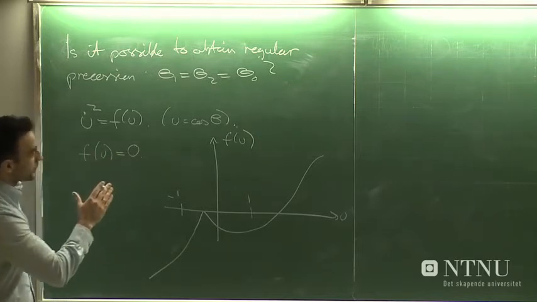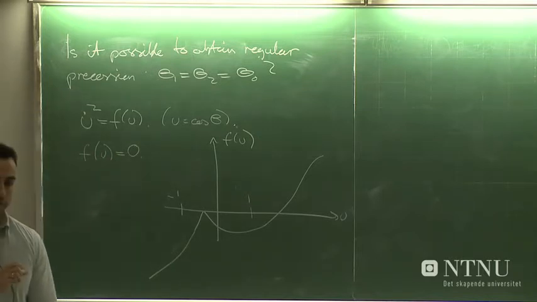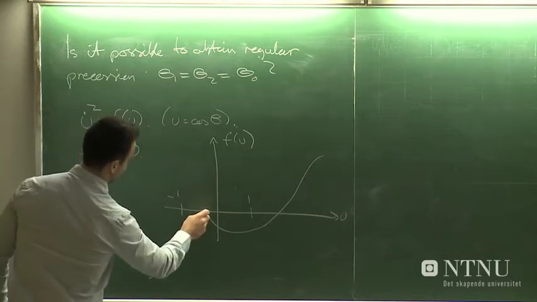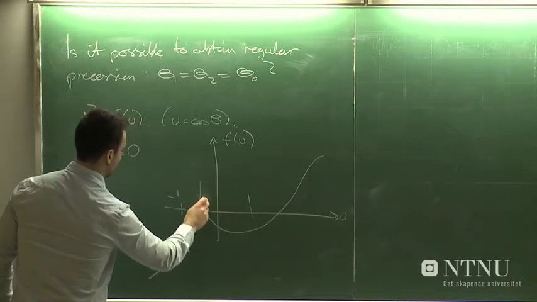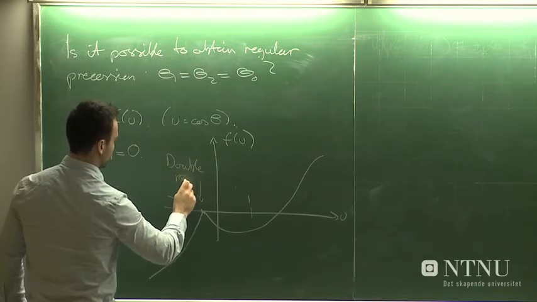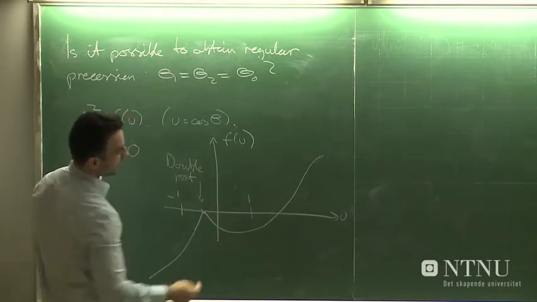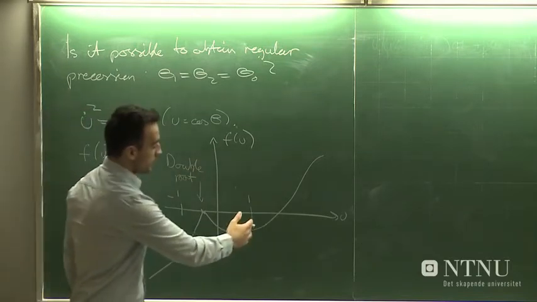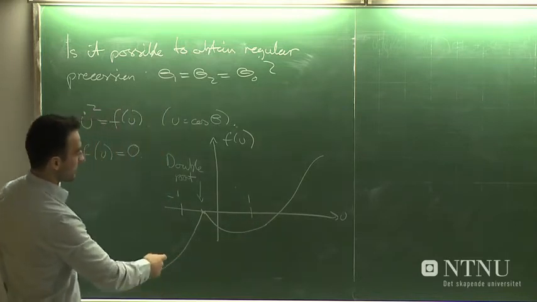So the regular precession case actually corresponds to a scenario where the function f only has two roots. In fact, it has a double root here. We still have our unphysical solution for u greater than 1, but we also have a double root here.